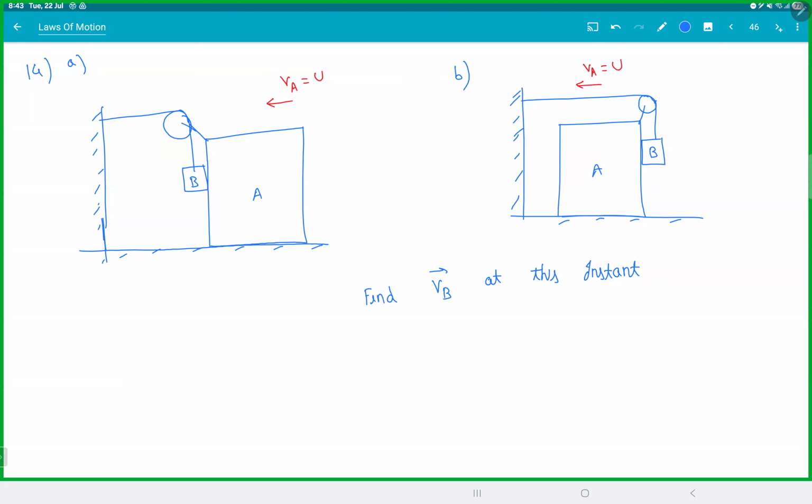Give me i cap, j cap. Always give vectors in the velocity vector form. That is more superior.